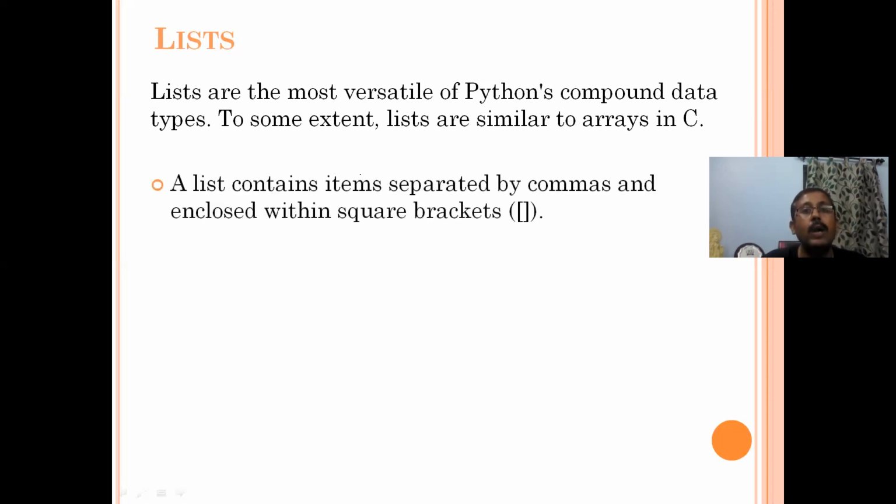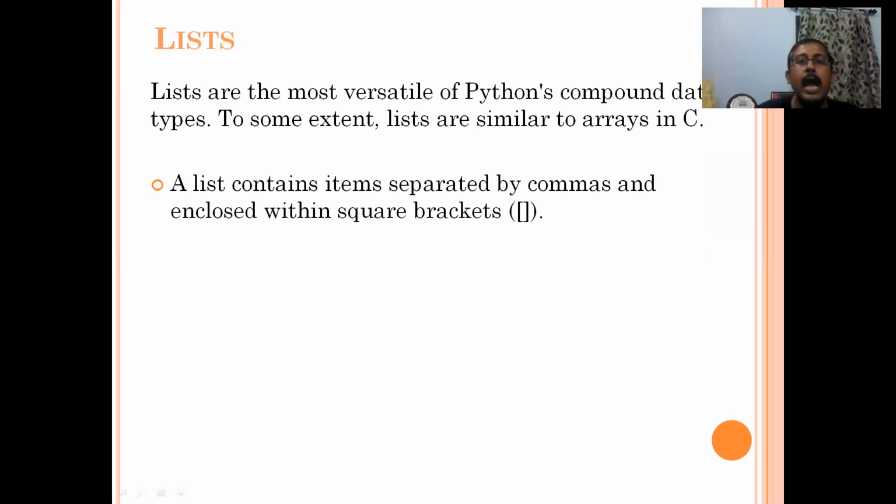So what is a list data type? How do we create a list? We can create a list by using the square brackets. We can stack up the elements within the square brackets, separated by commas, right?